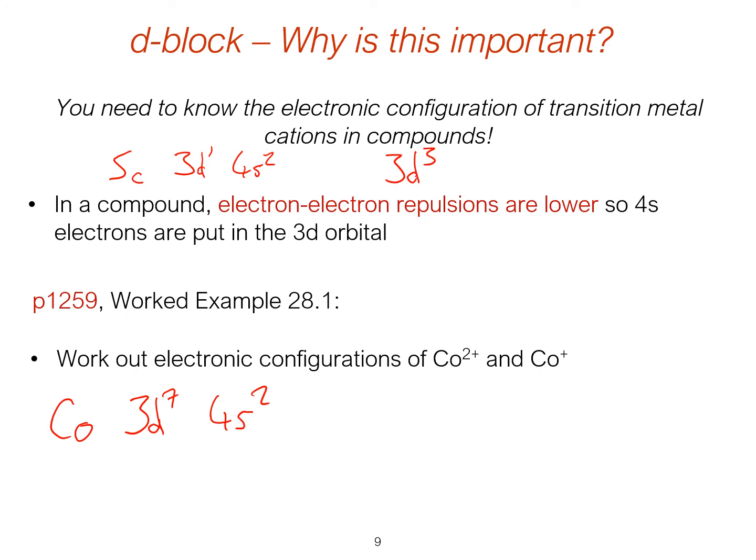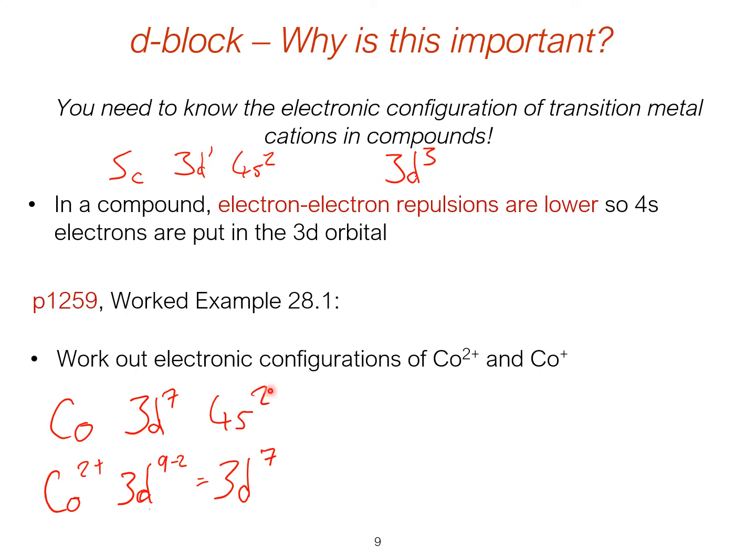So if we look at cobalt 2+ first, to work out the electronic configuration, we put the 4s electrons in the 3d orbital, so this makes it 3d9, and then we take these 2 electrons to make it 2+, so take 2, and we end up with 3d7. So that's the electronic structure of cobalt 2+.